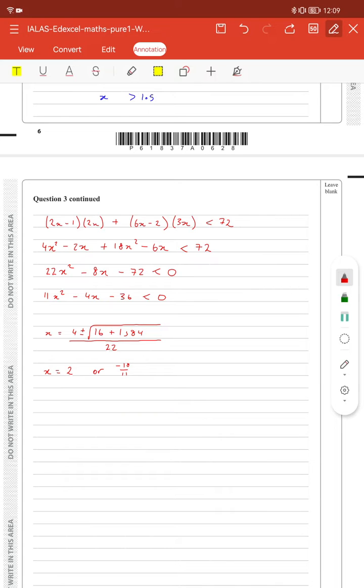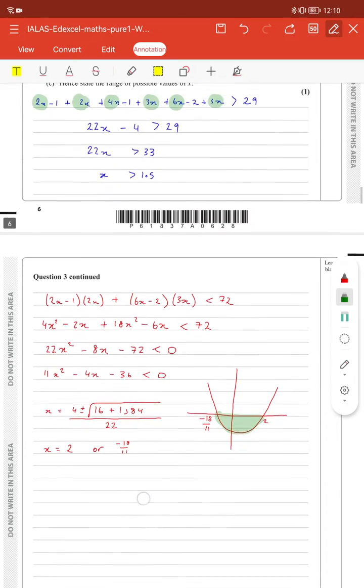Now, if we were very quickly to draw a quadratic graph, it would look like this. And it's strictly less than. So in that case, we'd have to be between these 2 points.